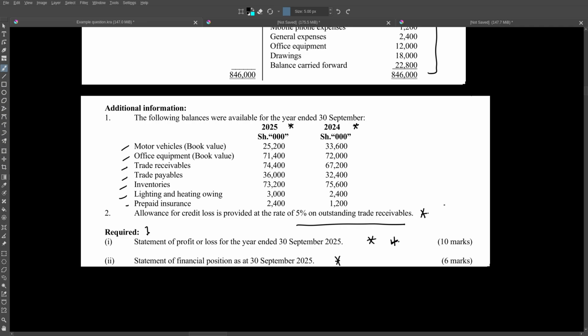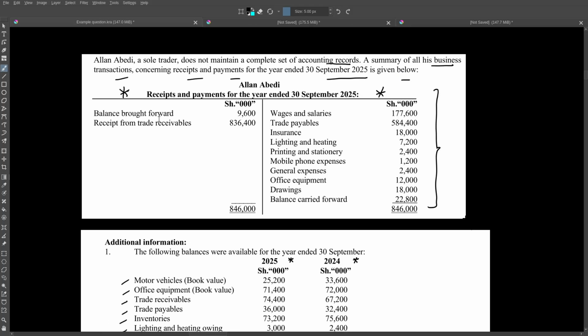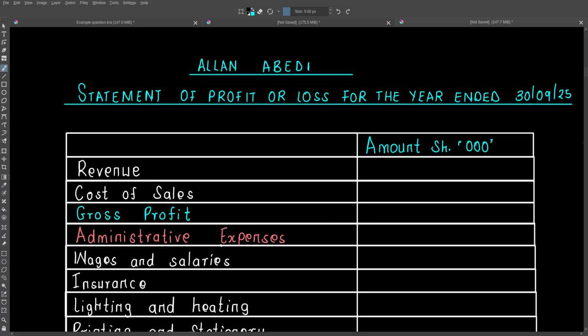So first, for the statement of profit or loss, we look at the format that we use. We write the name. In our case, it is a sole trader, so we just write Alan Abedi, and then we write statement of profit or loss, that is, we specify the statement that we're preparing and the period, which is the year ended 30th September 2025.